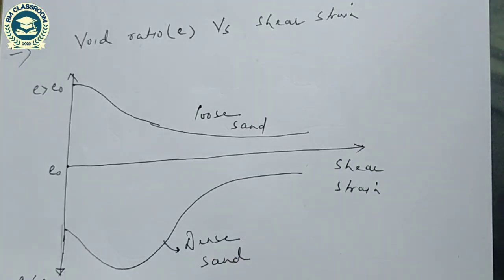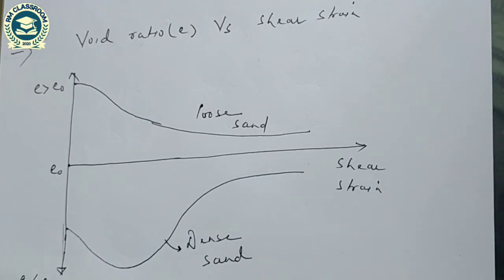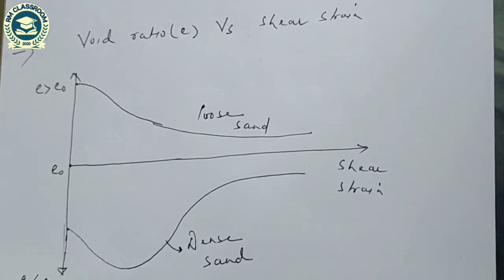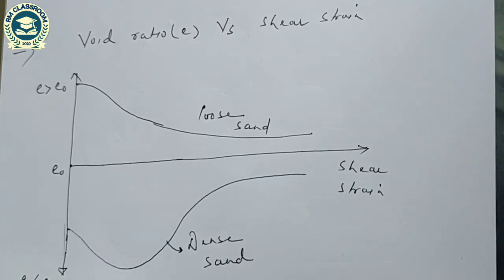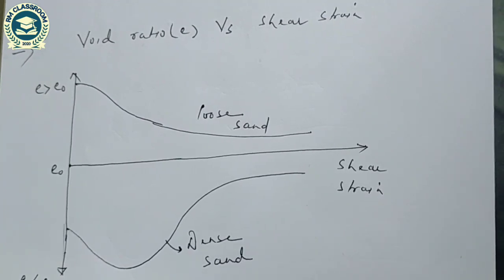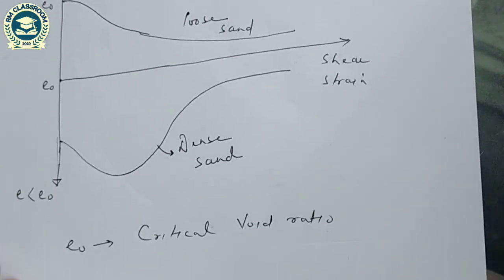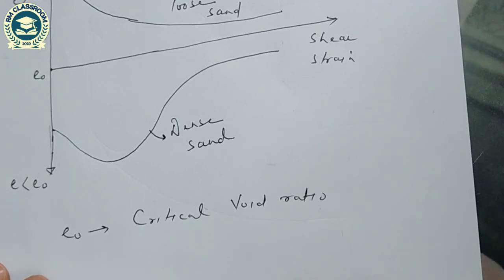E naught is the critical void ratio. And what is critical void ratio? It is the void ratio at which, on shear disturbance, there will be negligible or zero change in volume.